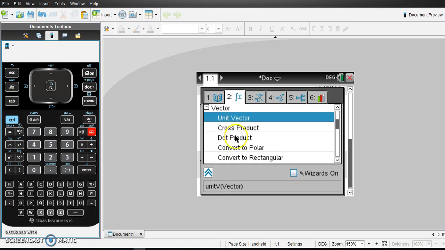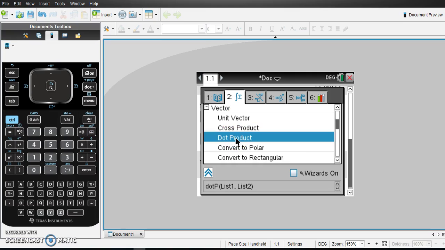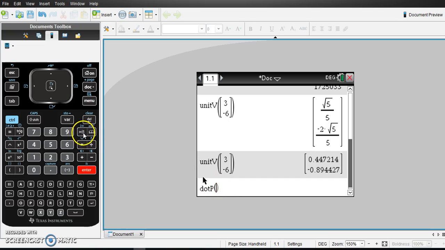It doesn't just do the unit vector. You'll also notice in this menu that we can calculate the dot product, and from the video on scalar products, hopefully you remember that the dot product is just another name for the scalar product of two vectors. And here I need a vector, comma, and then another vector. So let's see what this can do.